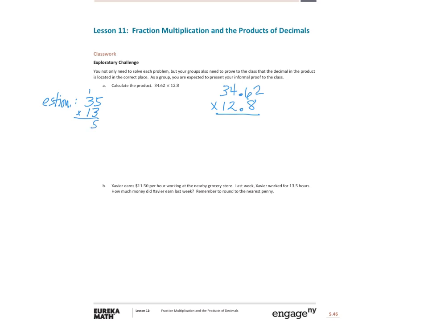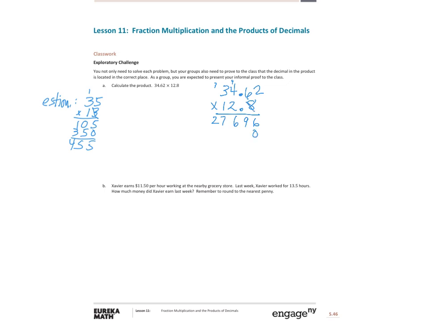So 15, there's 10, put my placeholder down. I've got 5, I've got 3, 4, 55. Okay, so now I'm going to go over here and just check my work. There's 16, 49. 32 and 4 is 6, 3, there's 24, 27.